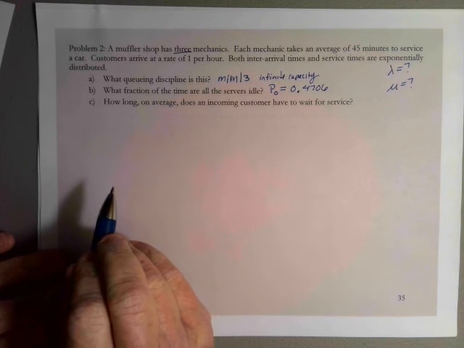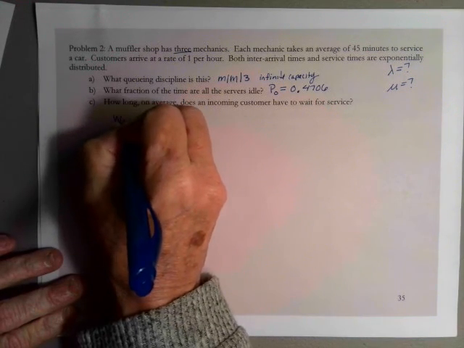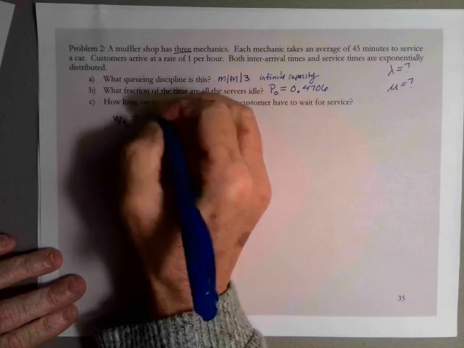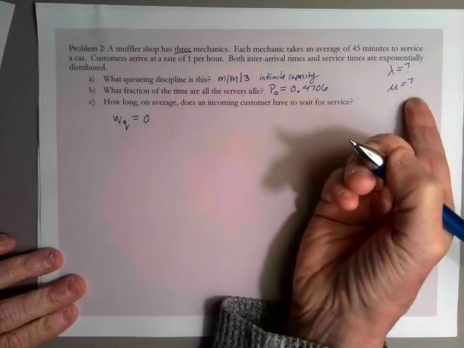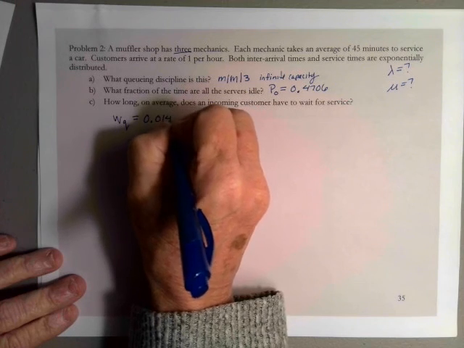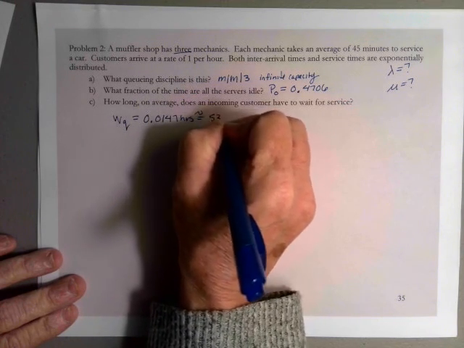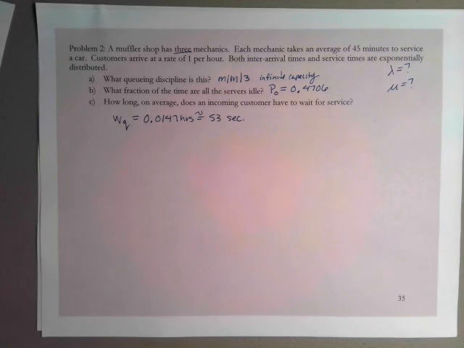That would be WQ. It depends on how you express lambda and mu, but 0.147 hours is equal to approximately 53 seconds. That's a pretty short wait time. I'd like to go to that mechanic. All right, so run these numbers, see how it goes for you.